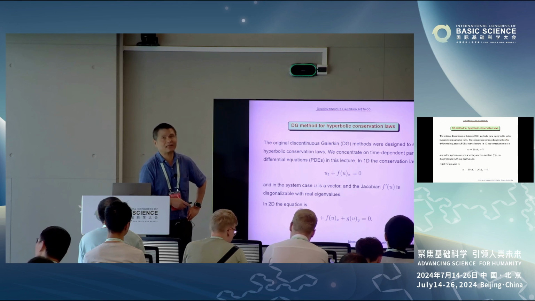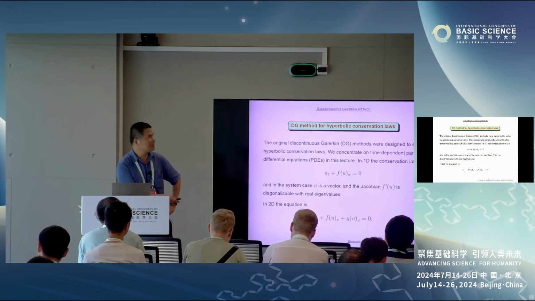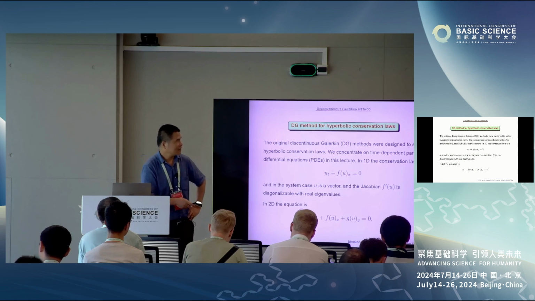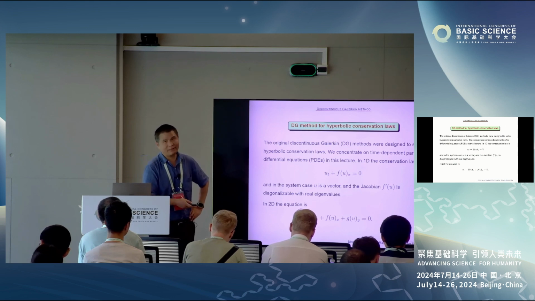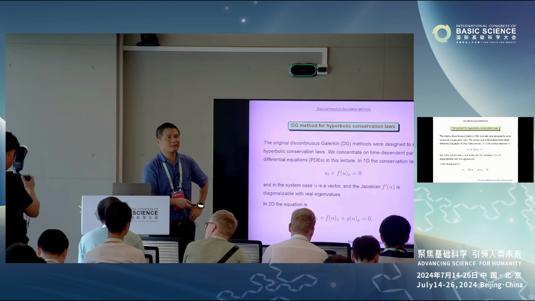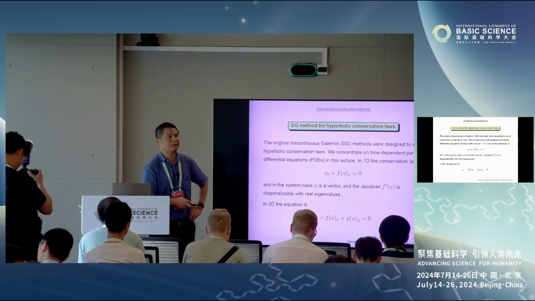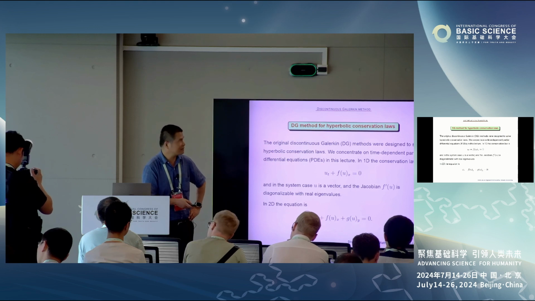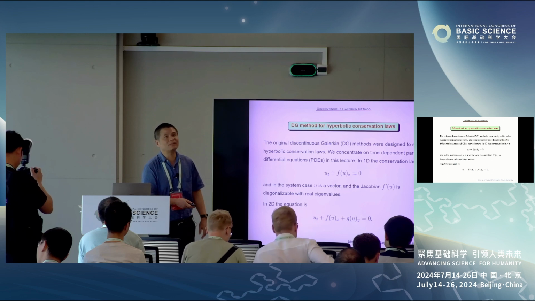And they were very successful. When they were introduced, they were immediately picked up by numerical analysts to study the properties, stability, accuracy, and so on, and they were used quite extensively. However, this talk will concentrate on time-dependent PDEs.